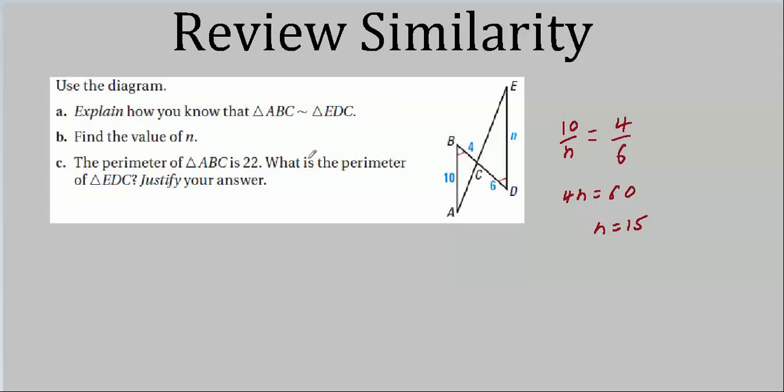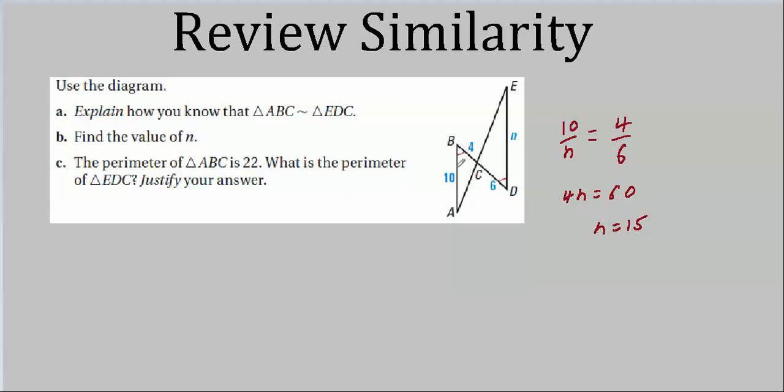Well, the perimeters are going to be in exactly the same ratios as the sides. Or you could say we can apply our similarity factor to the perimeter, and it'll still work. For instance, ABC, that's the small one here, has a perimeter of 22.